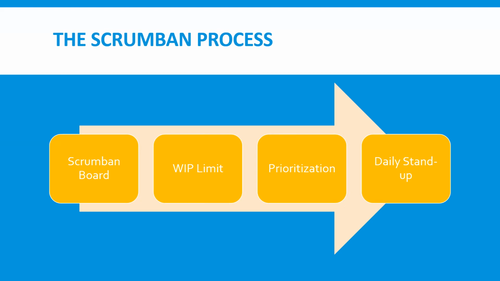If you are working on a story, you have to move and mark it as WIP, and the WIP limit will be set by your organization or your team, that each individual should have 1 or 2 stories, or 10 stories in total at a time. It should be there on the board.